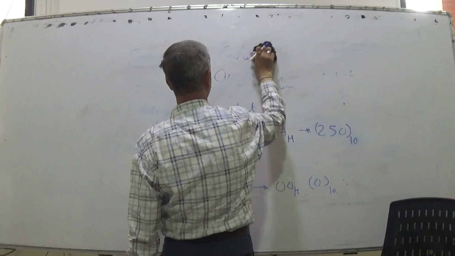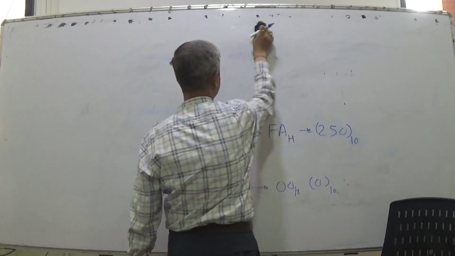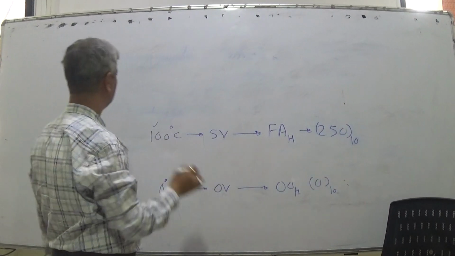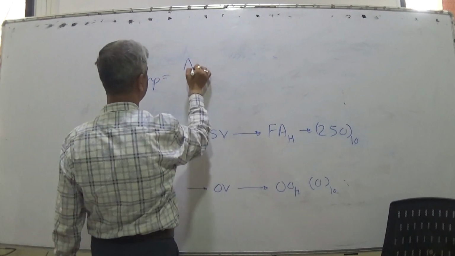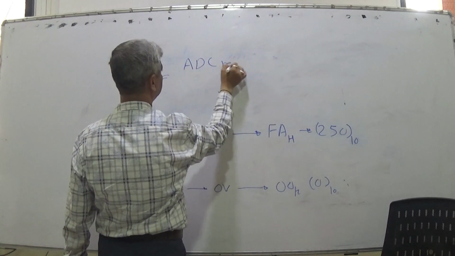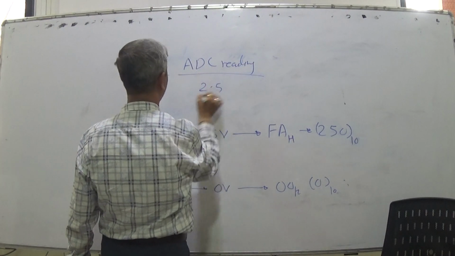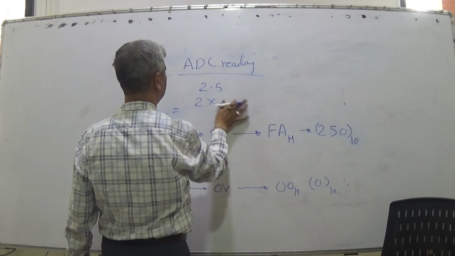It is very simple. Once the concept is clear, it is high school level maths. We should not even spend this much time. So temperature is the ADC reading divided by 2.5, or 2 into ADC reading.